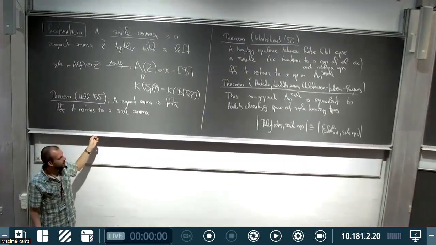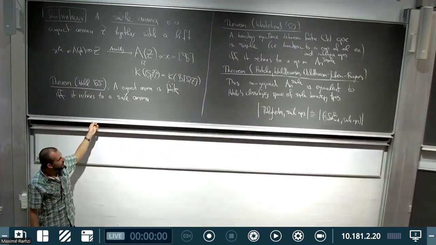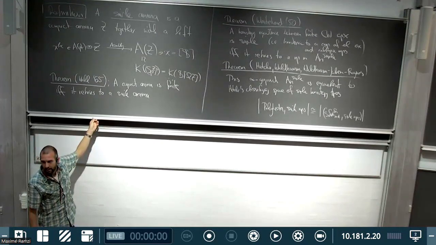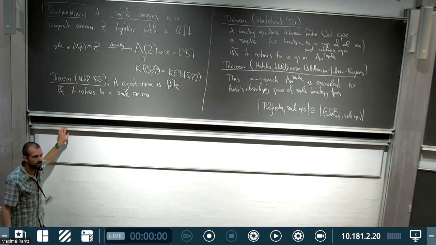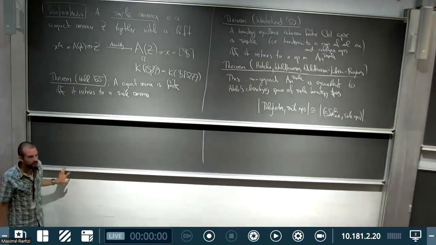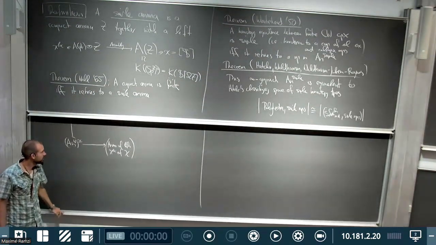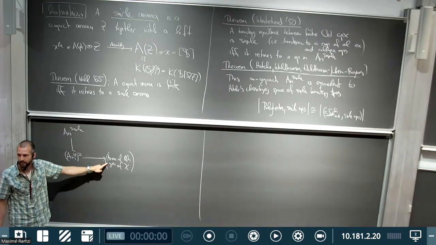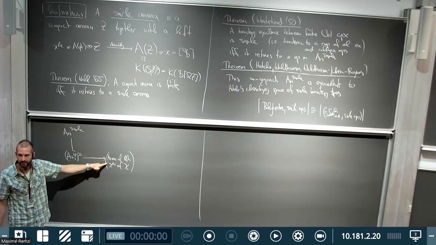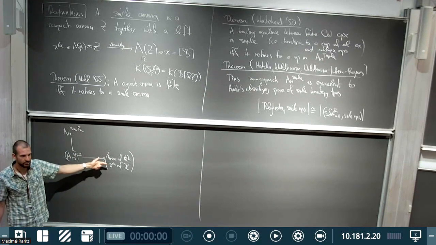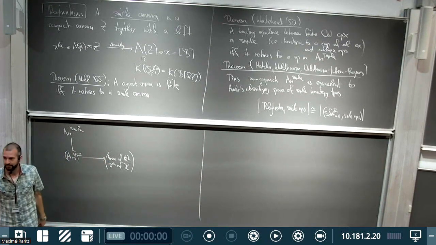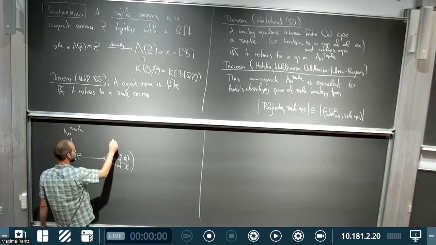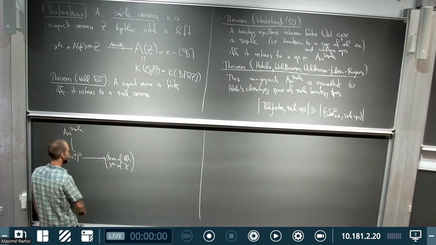Your definition of simple anima, what is your...? Yeah, I'd say it's a fibration, right? And the fibration is classified by this functor. Oh, okay. Like it's a Rezk fibration, and the fibration is classified by a map into anima. I guess if you want, I can say here this is a functor into anima.